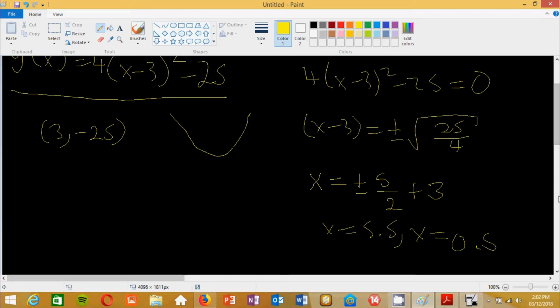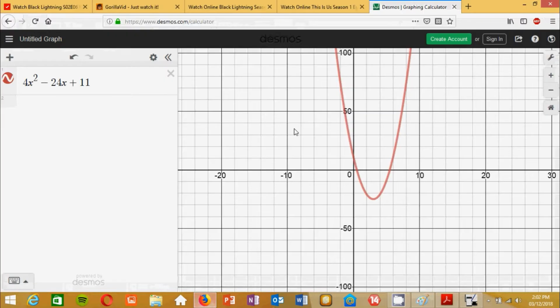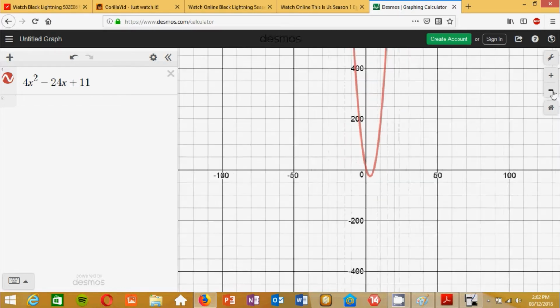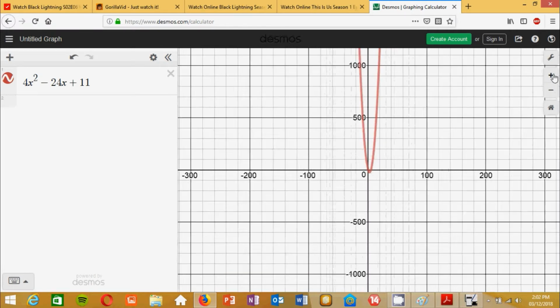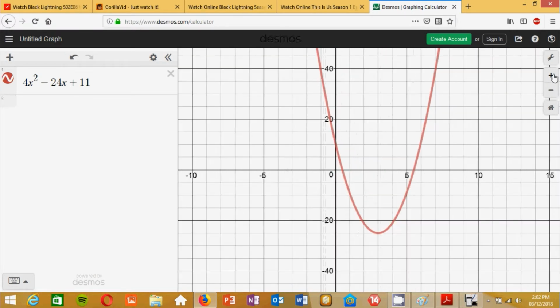So you can sketch this graph, but I have the graph sketched here on desmos.com/calculator, which is a graphing website that you can use to sketch graphs. Credit to Desmos, it's a very good website. You can see our graph is going to look like this. You can zoom it out, you can zoom it in. This is your 0.5, this is your 5.5.